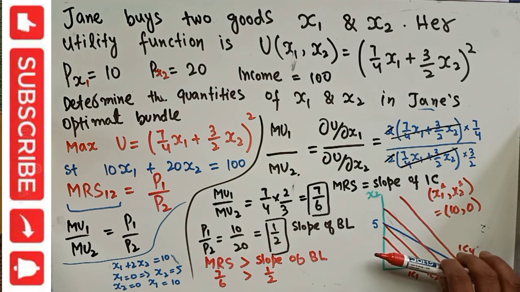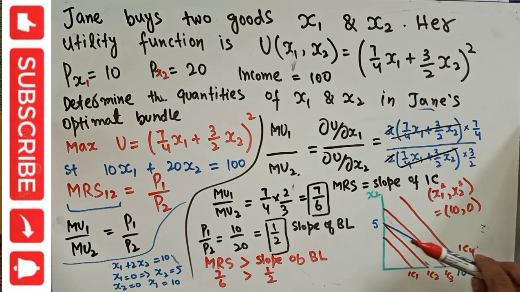If it was flatter than the budget line, then it would have cut the budget line at the vertical axis. So in this case, our optimal consumption bundle will be at the point where our indifference curve cuts the budget line at the horizontal axis. That means we consume all units of good x1 and 0 units of good x2.